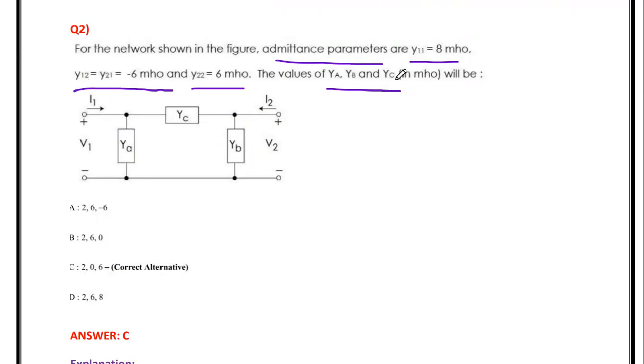So what is the corresponding pi network value, YA, YB, YC? We already discussed this topic in the circuit analysis topic. If you want to learn that topic, I will give the link for that playlist in the description box. You can refer to it.